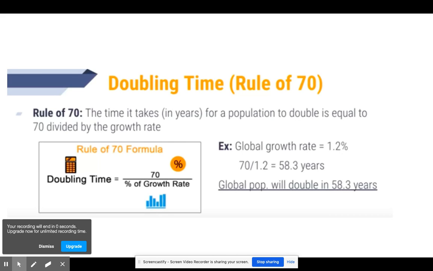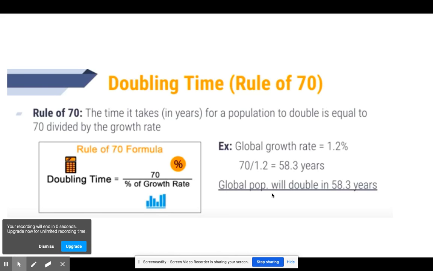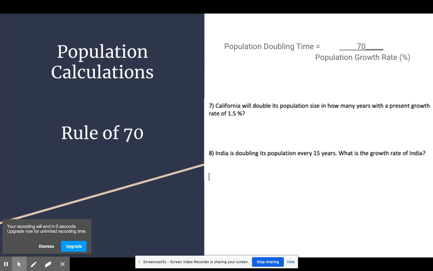So in this example, if it tells you that the global growth rate is 1.2%, to figure out how long it would take for the population to double, you would just take 70 and divide that by 1.2, and you would find that based on our current growth rate, it would take 58.3 years for our population to double. Let's hope that that doesn't happen, or we will far exceed our carrying capacity.